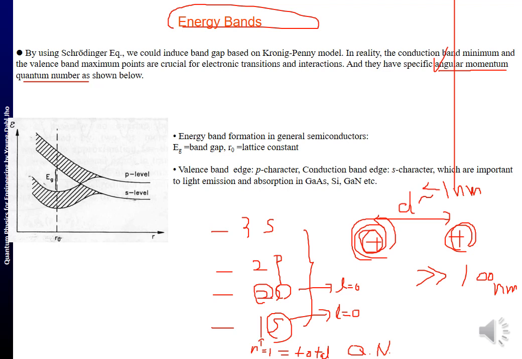Then 2s: total quantum number is 2. And when total quantum number is 2, there could be another angular momentum state, L is 1. So those two cases are when total quantum number is 2. And then 3s: total quantum number is 3, L is 0.